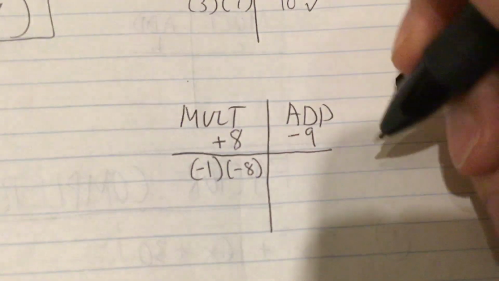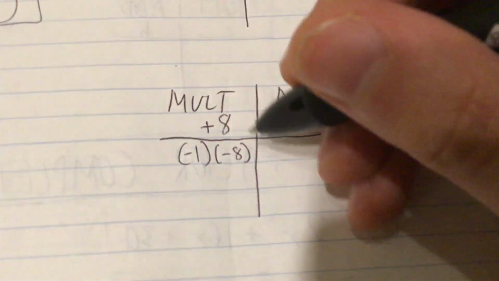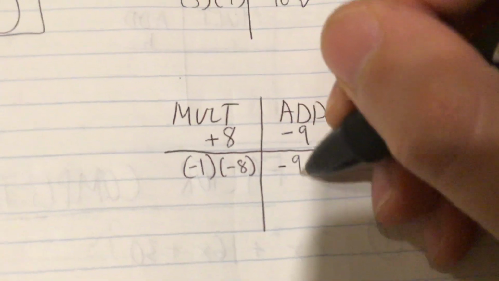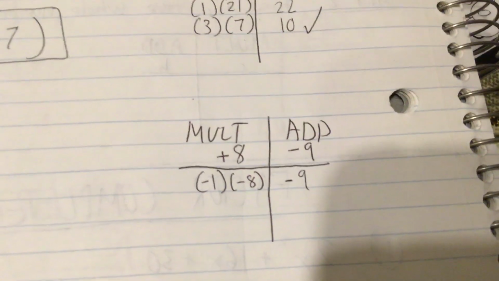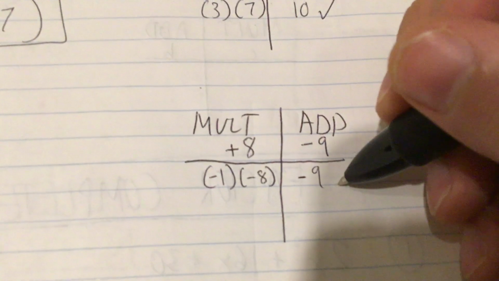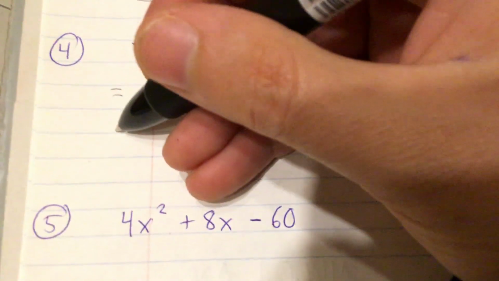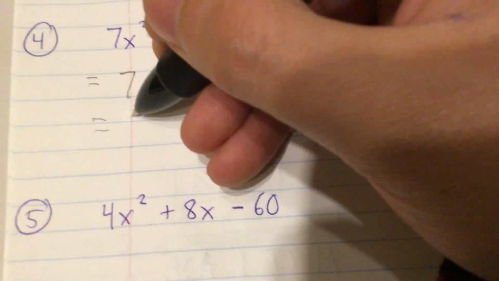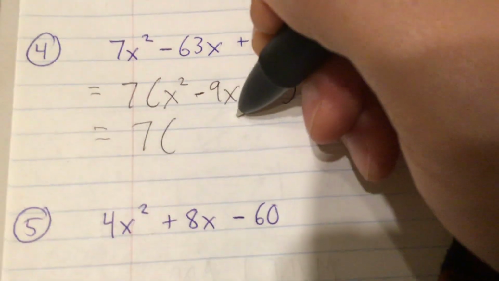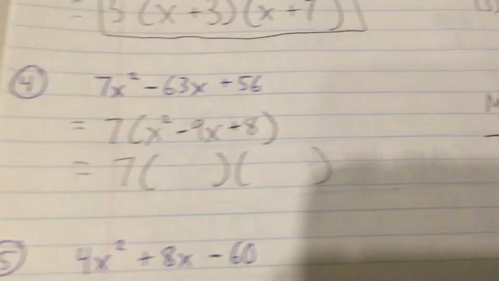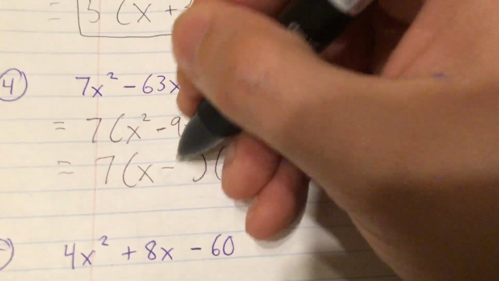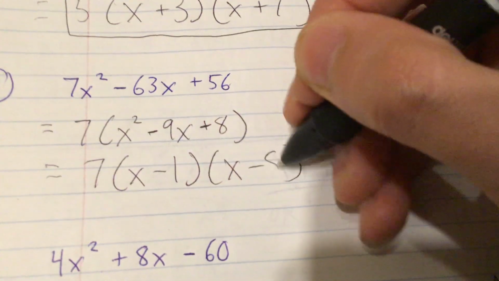Negative 1 times negative 8 is positive 8, and negative 1 plus negative 8 is going to be negative 9. Oh, we have a winner on the first try. Oh, did not see that coming. So we're going to bring out the factored out 7. Since the winning team is negative 1, negative 8, this becomes x minus 1, x minus 8.